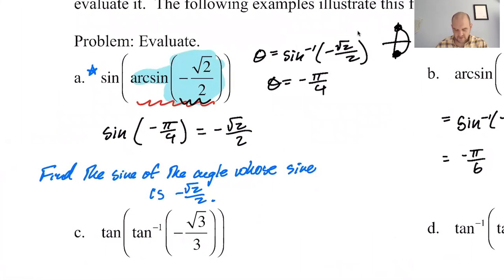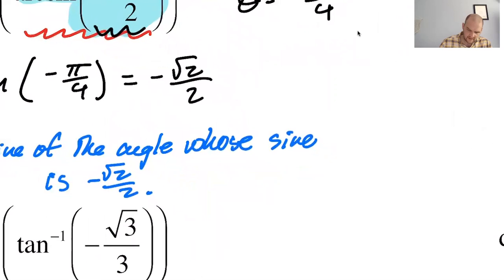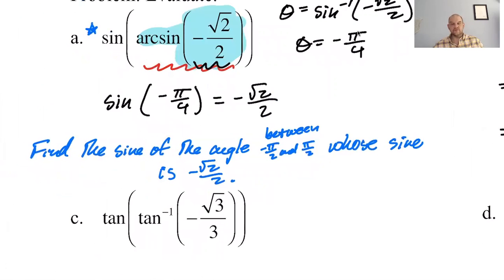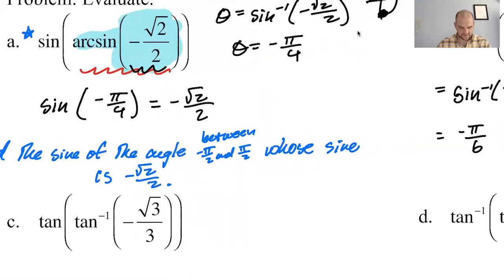So I skipped a little part of the angle. It should be between negative pi over 2 and pi over 2, whose sine is negative root 2 over 2. It's like a dumb logic puzzle where you find the sine of the angle whose sine is negative root 2 over 2. It has to be negative root 2 over 2.